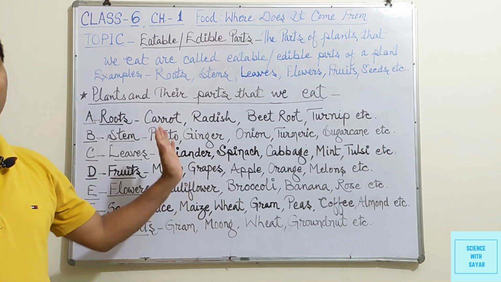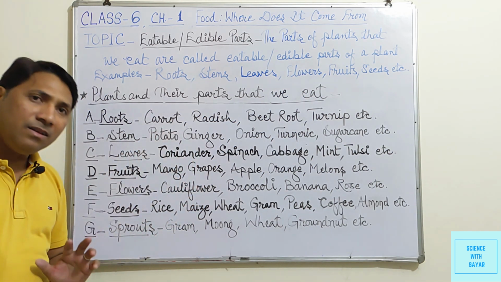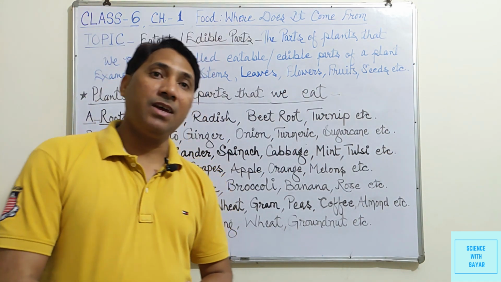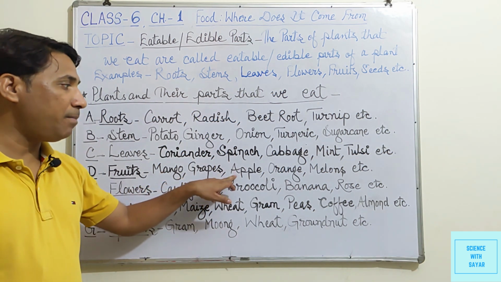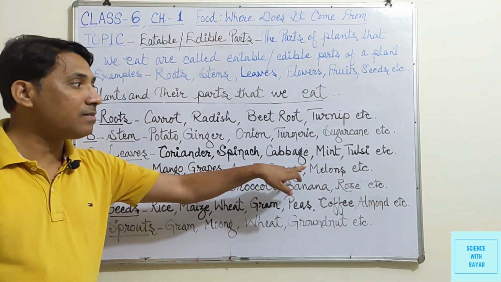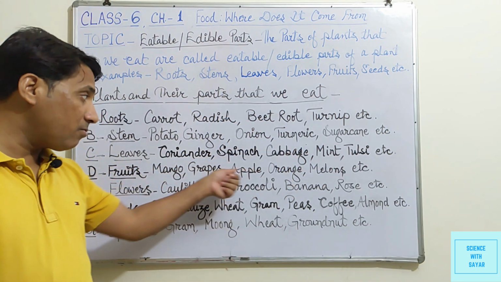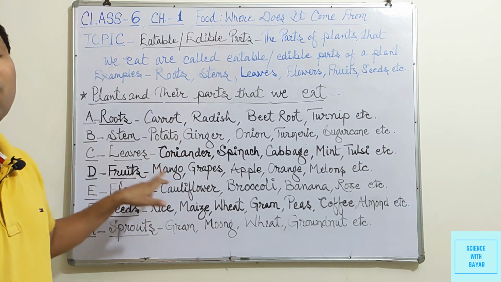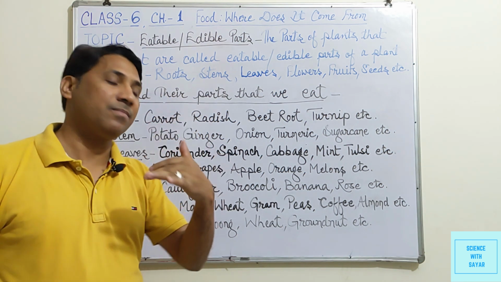Fourth example, fruits. In some plants we eat their fruit parts, and examples are mango, grapes, apple, orange, melons, muskmelon, watermelon, etc. It means their fruit parts that we eat.